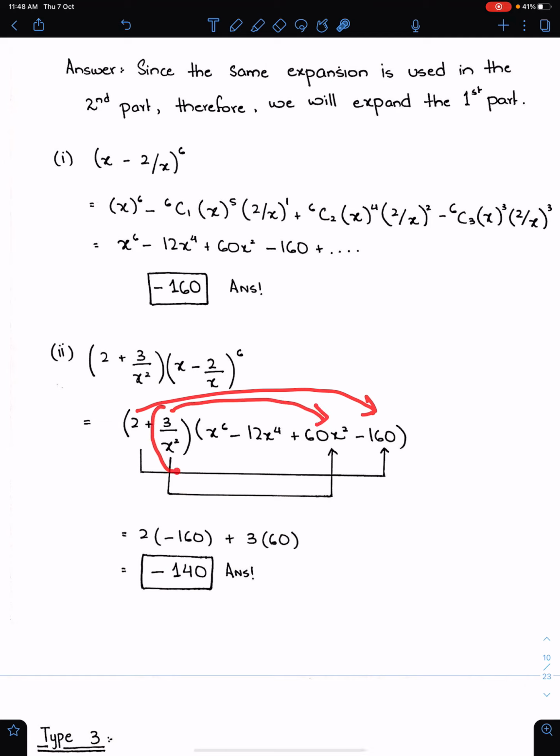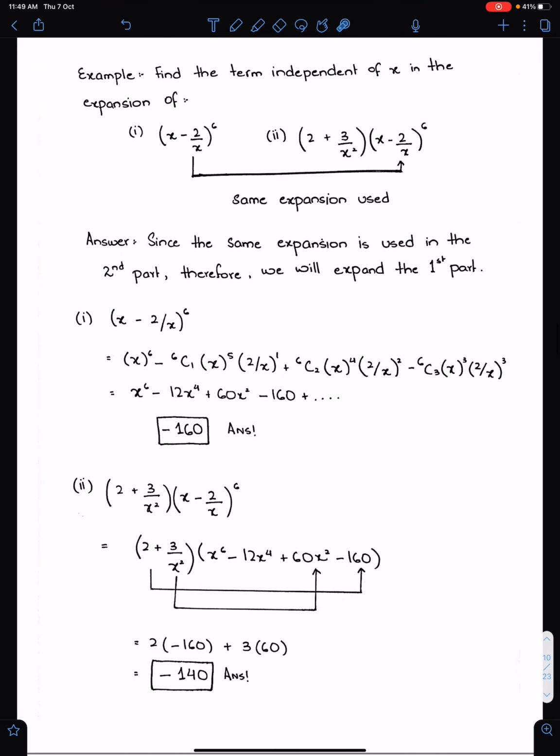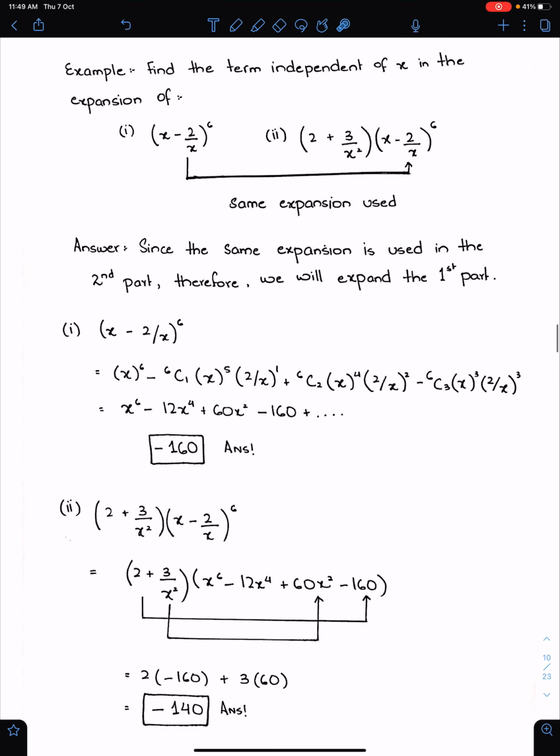When you multiply 3 upon x square with this, x square will be cancelled and you will get the constant term. So your answer is minus 40. See, second part became very simple when we used this answer here, when we expanded the first part. So this is the way to solve these type of questions, and this is the best way.